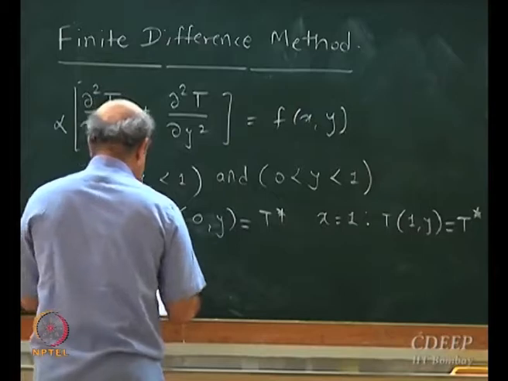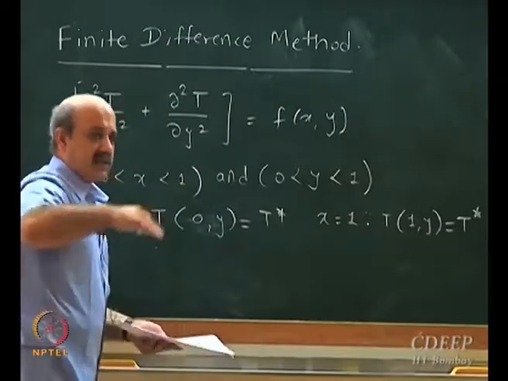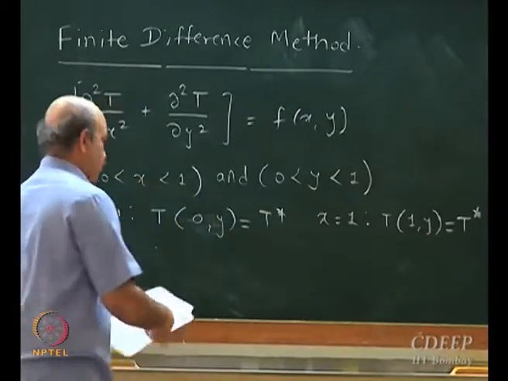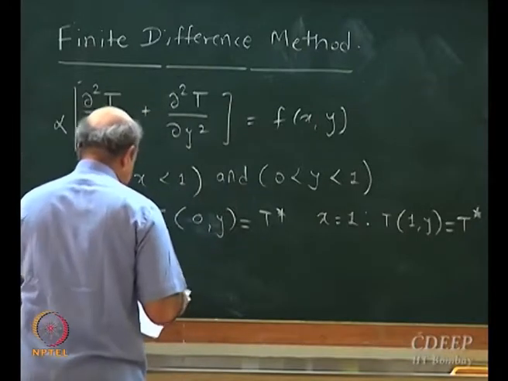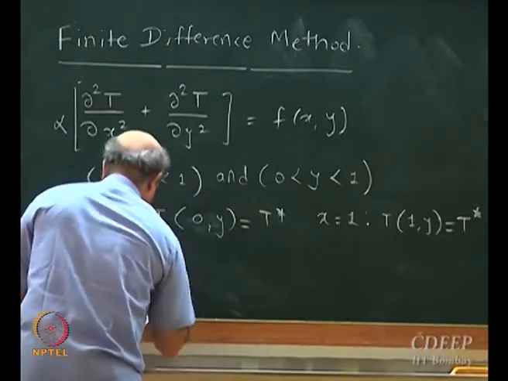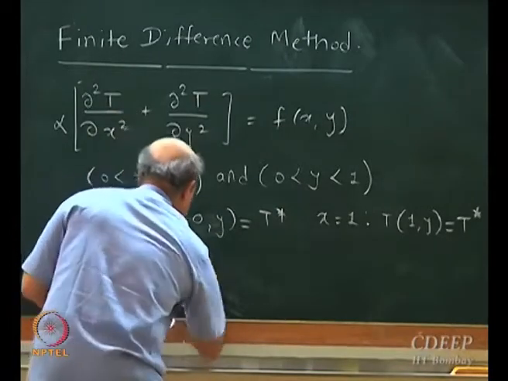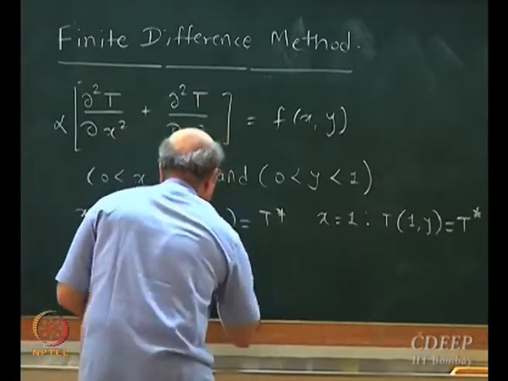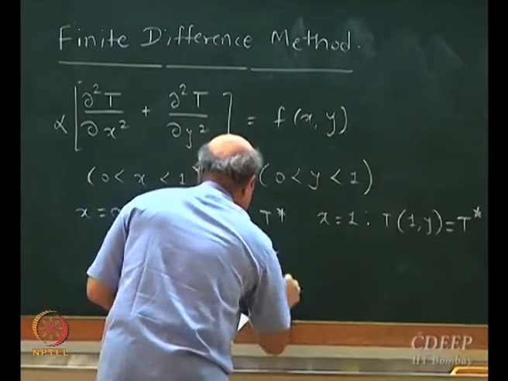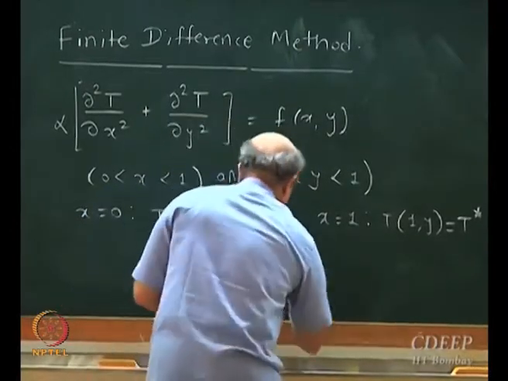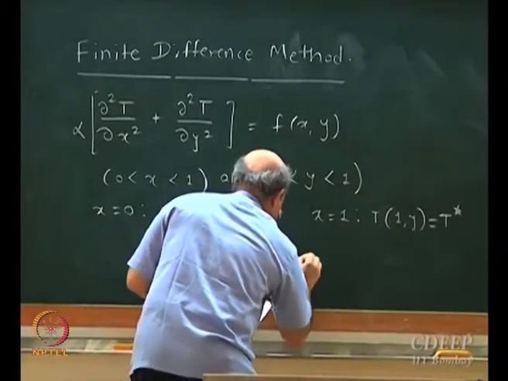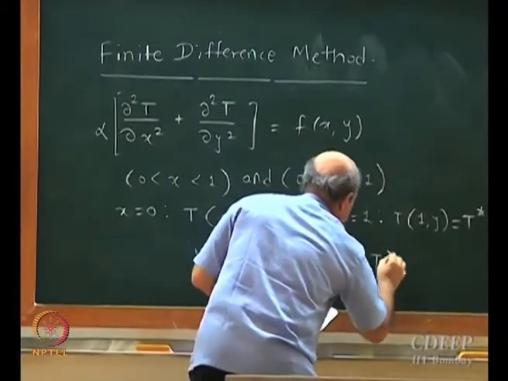The third boundary condition is again, so it is like saying that three walls are insulated and there is convective heat transfer from one end. At y equal to 0 we have the temperature T(x, 0) equal to T star.